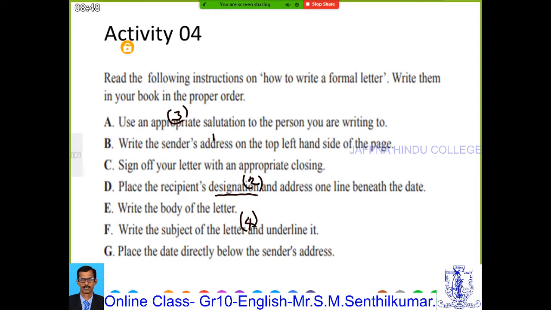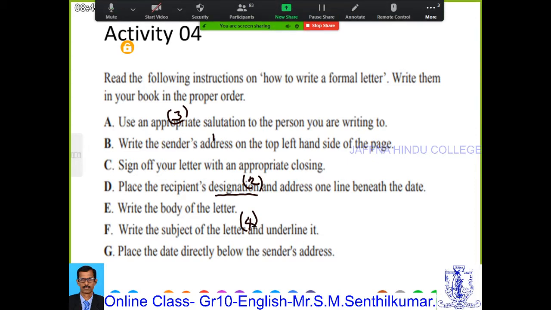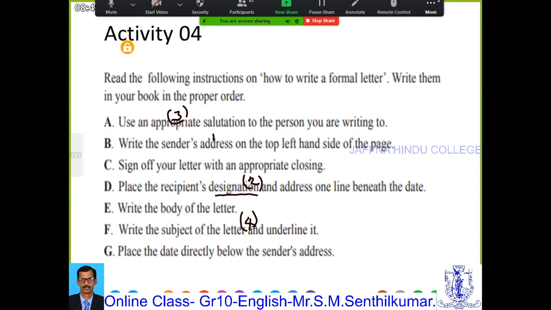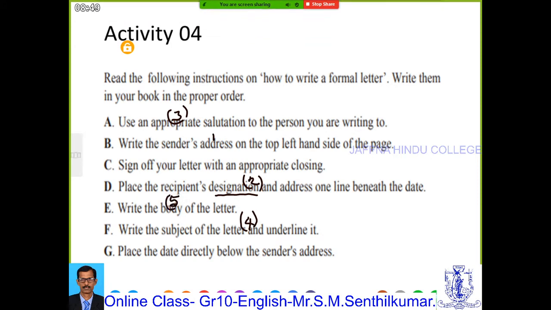Next one, what is the fifth one? After you put the title or subject, what is that? Write the body of the letter. Give it this title, then you write the body of the letter. This is the fifth one, right? Next one.